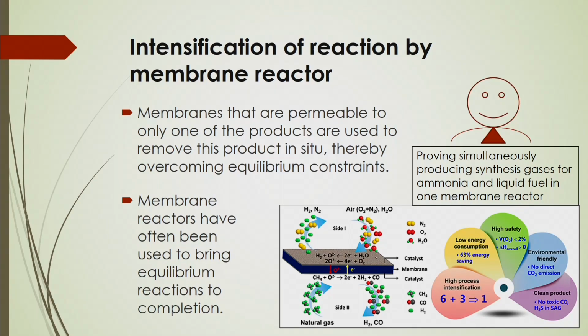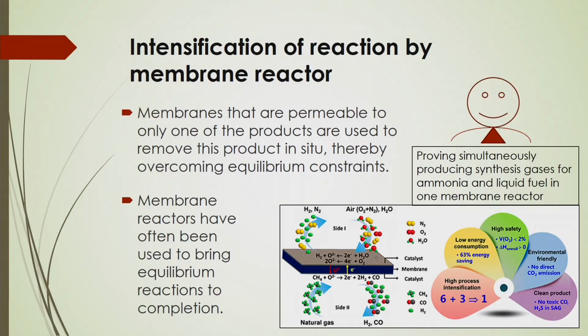So, to achieve favorable equilibrium conditions you can use a membrane reactor for such reactive systems, and it can, for example, simultaneously produce synthesis gases for ammonia and liquid fuel in one membrane reactor. These membrane reactors have often been used to bring equilibrium reactions to completion. So, for complete reactions you can do this process in membrane reactors.